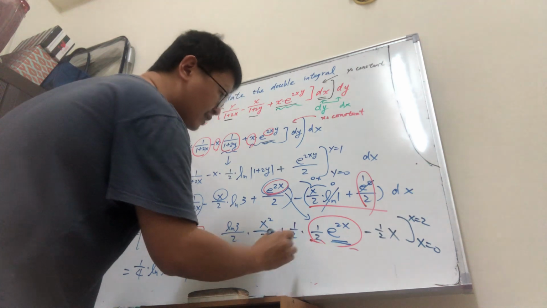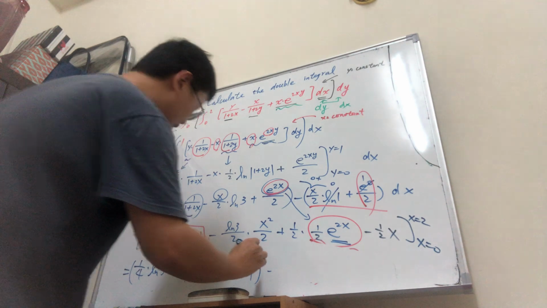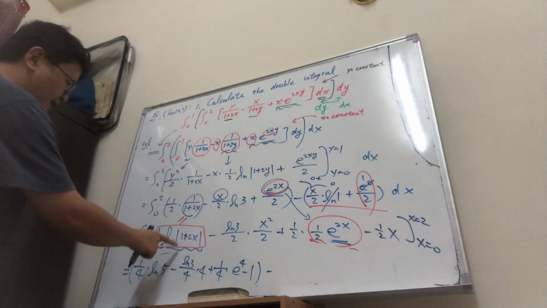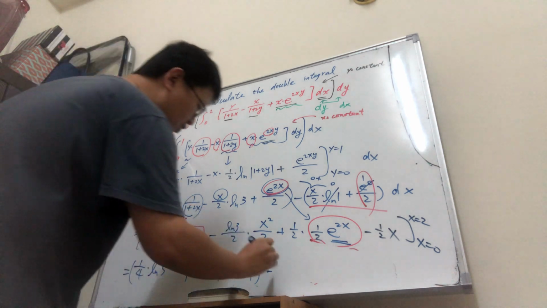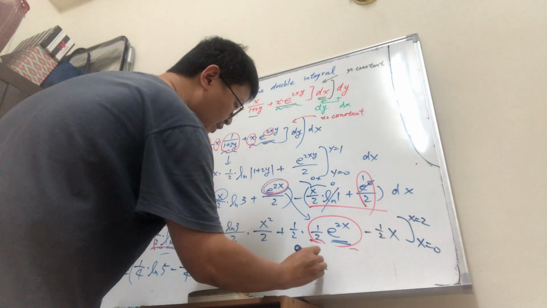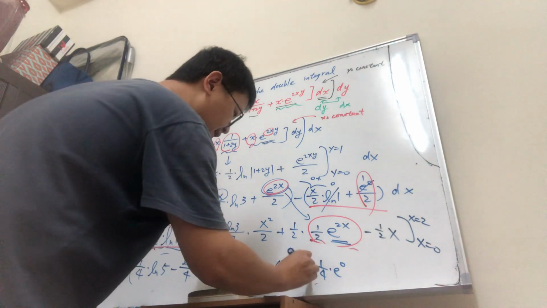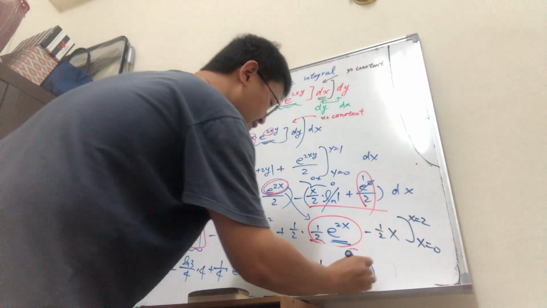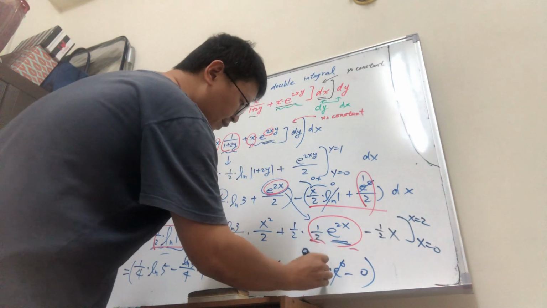Subtract 1/2 times 2, so it's 1. Subtract the case when x equals 0. The first term is 1 over 4 times natural log of 1. Natural log 1 is 0, so the first term is 0. The second term is 0. The last term is 1 over 4 times exponential 0, and exponential 0 is 1, so it's 1 over 4.